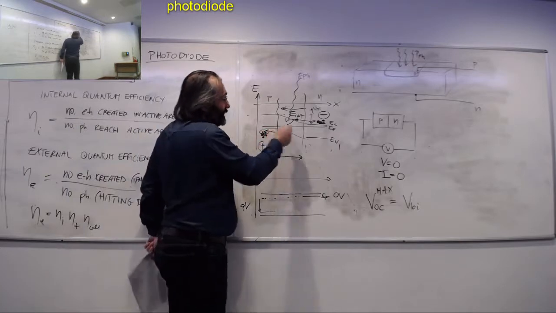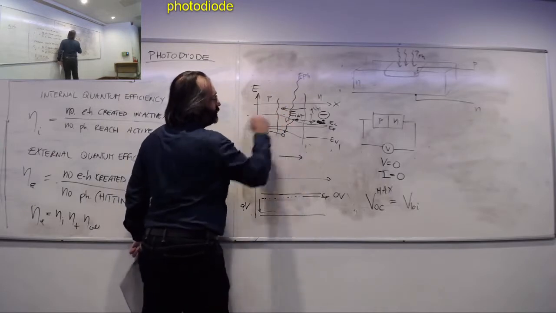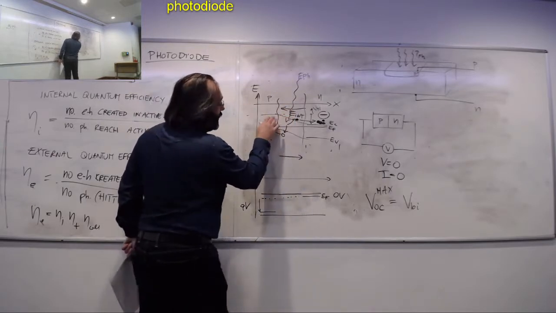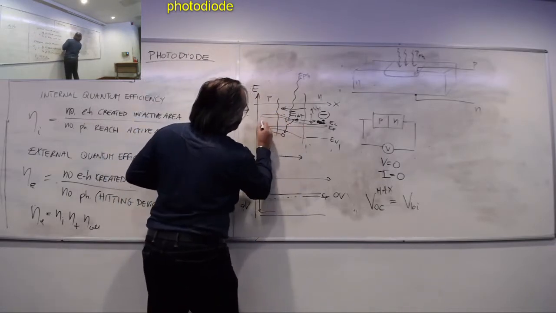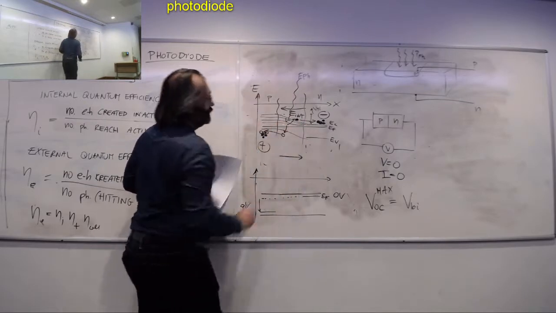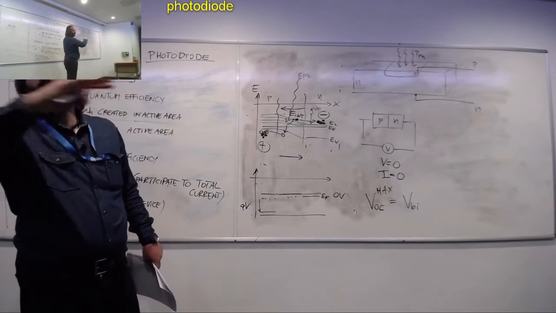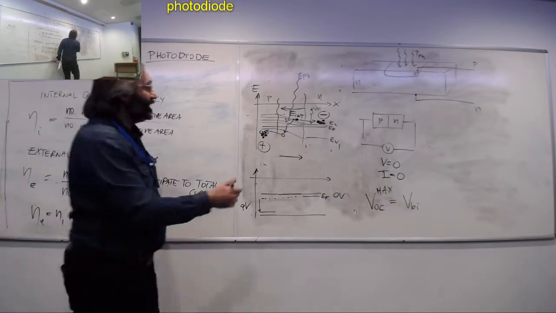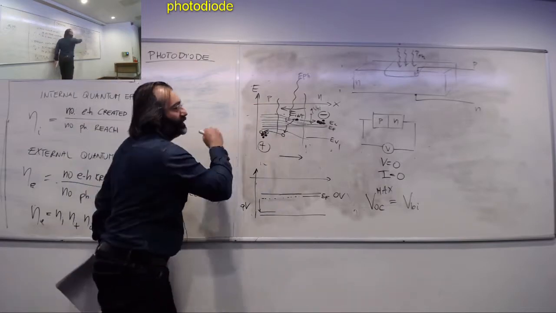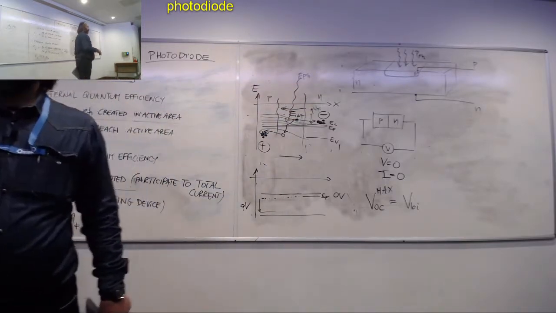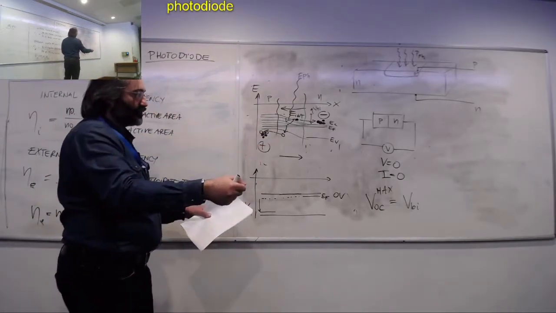So by shining light, I'm effectively changing the intensity of the total field, which means I am reducing the slope. The more I shine light, the more this goes down. And so the slope becomes smaller and smaller, until eventually the conduction band, and so also the valence band, becomes completely flat. That is the moment when V at the ends is actually VBI.